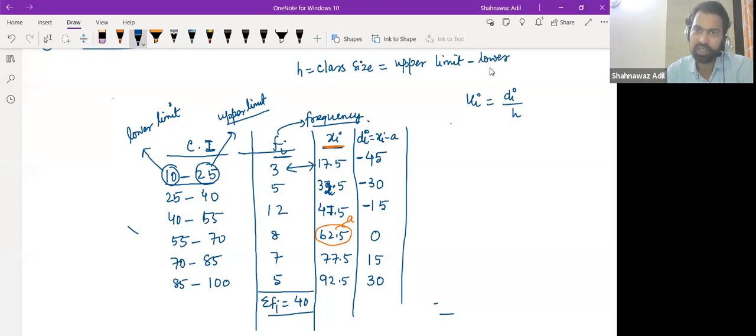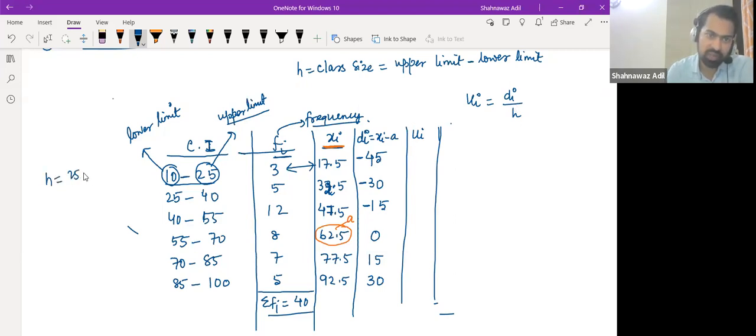So we are calculating class size. Okay, so we have to make another table, and that is Ui. So h would be how much? In here, we know that h is 25 minus 10, so this is 15.